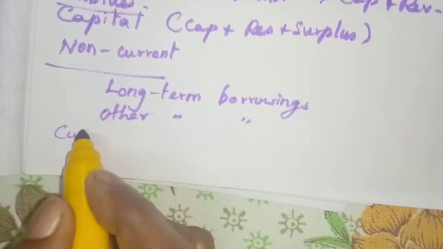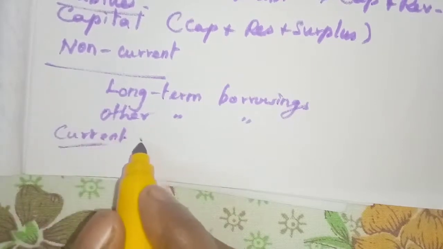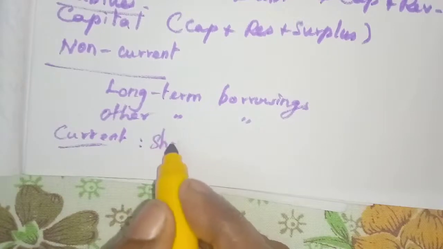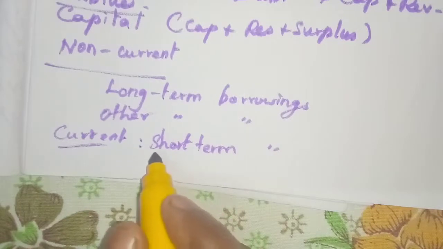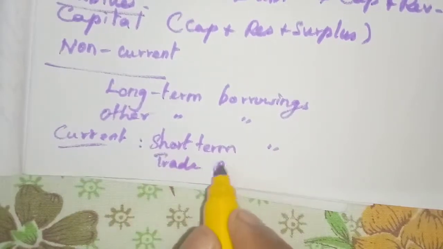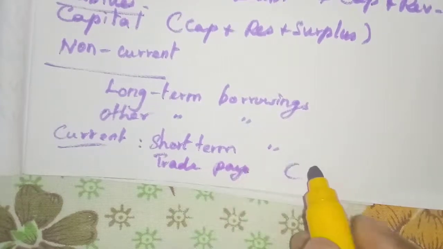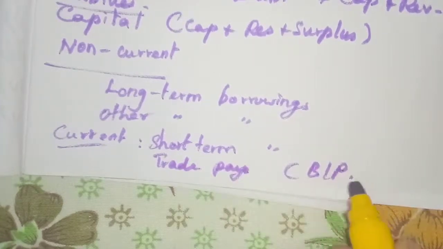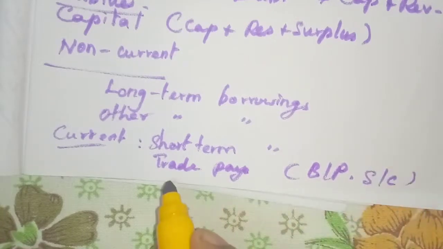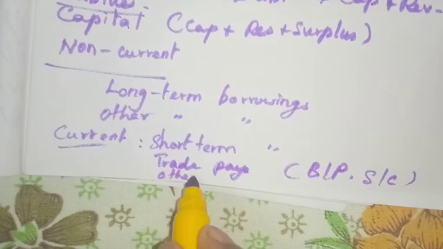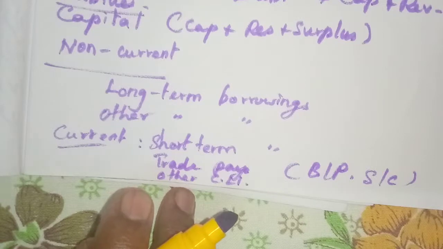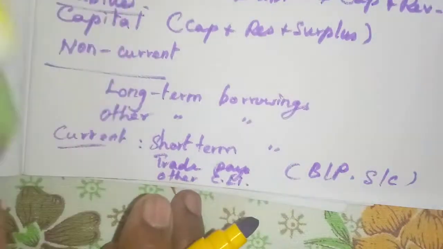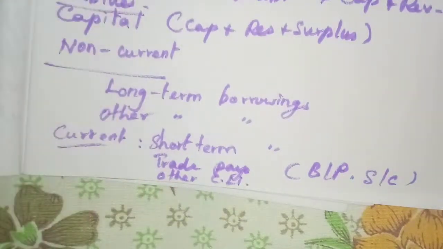Then current liabilities: short-term borrowings for 1 year, then trade payables, which include bills payable and sundry creditors. Then other current liabilities, maybe the outstanding expenses, all will come under this.